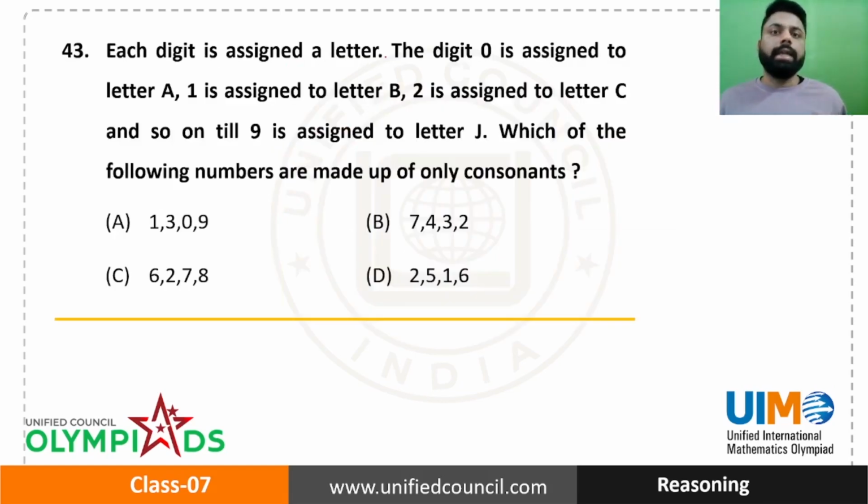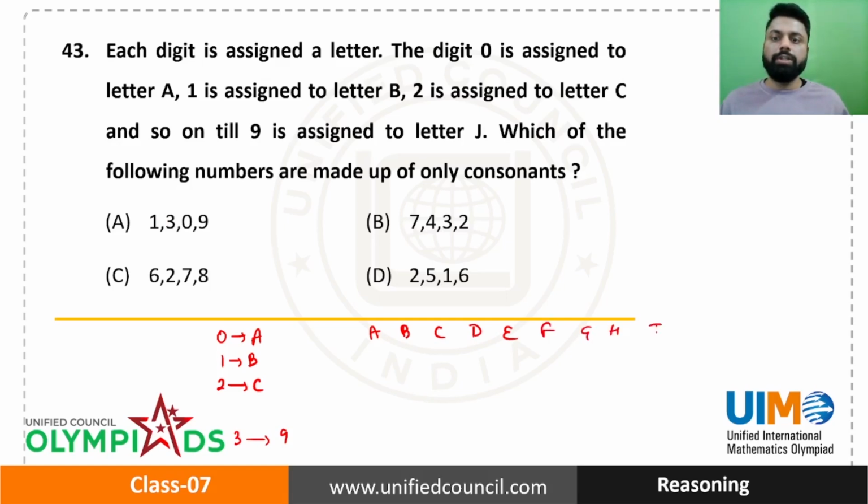Each digit is assigned a letter. The digit 0 is assigned to A, 1 to B, 2 to C, until 9 we are having J. Which of the following numbers are made up of only consonants? So A, B, C, D, E, F, G, H, I, J and 0, 1, 2, 3, 4, 5, 6, 7, 8, 9.